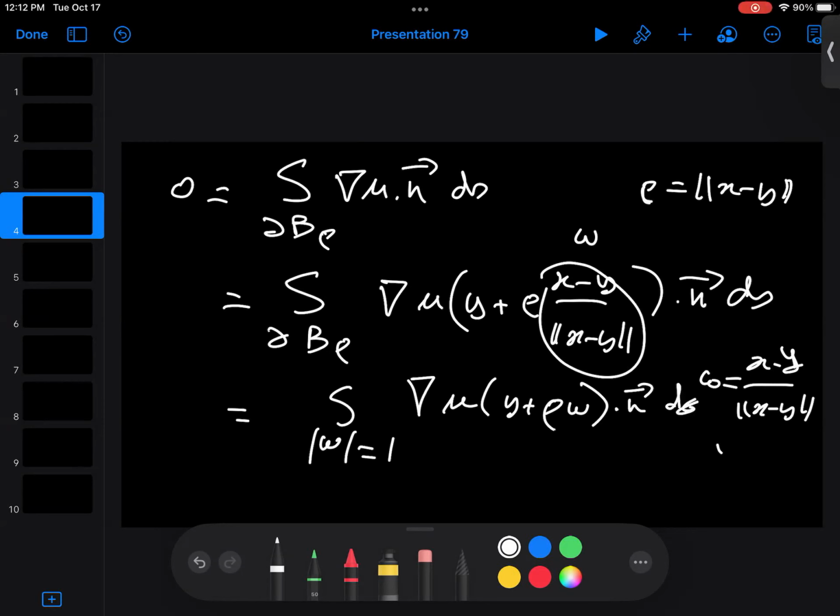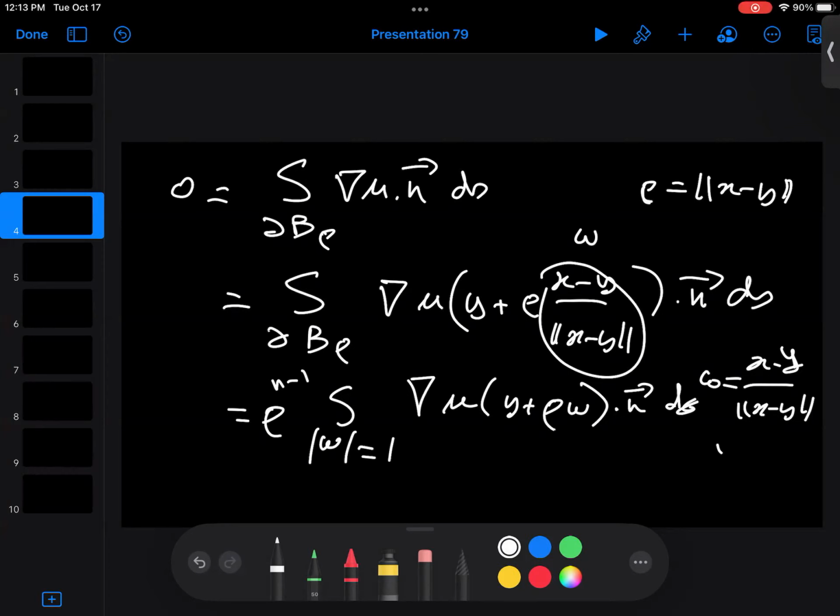Now my measure is not on the sphere of radius rho, but on the sphere of radius 1. So here I have a factor rho to the power n minus 1. That's a classical thing for the balls. You have this factor appearing here.